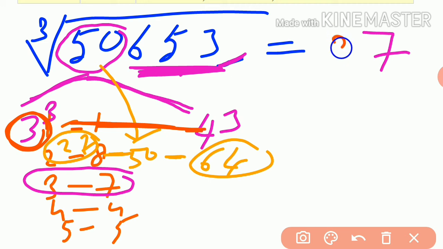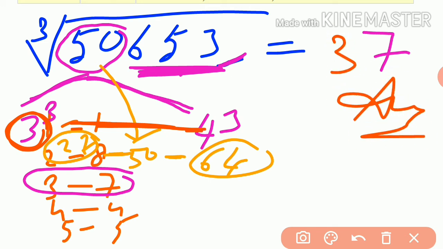So we will write 37, and that is the required cube root of the given number.